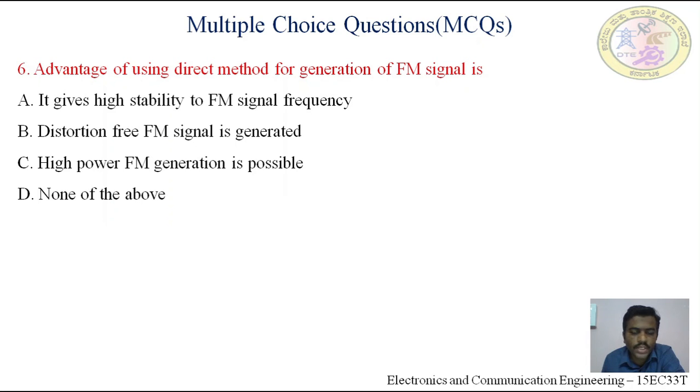D. None of the above. The advantage of using direct method for generation of FM signal is it results in high power FM signal generation. The answer for this question is C. High power FM generation is possible using the direct method for generation of the FM signal.